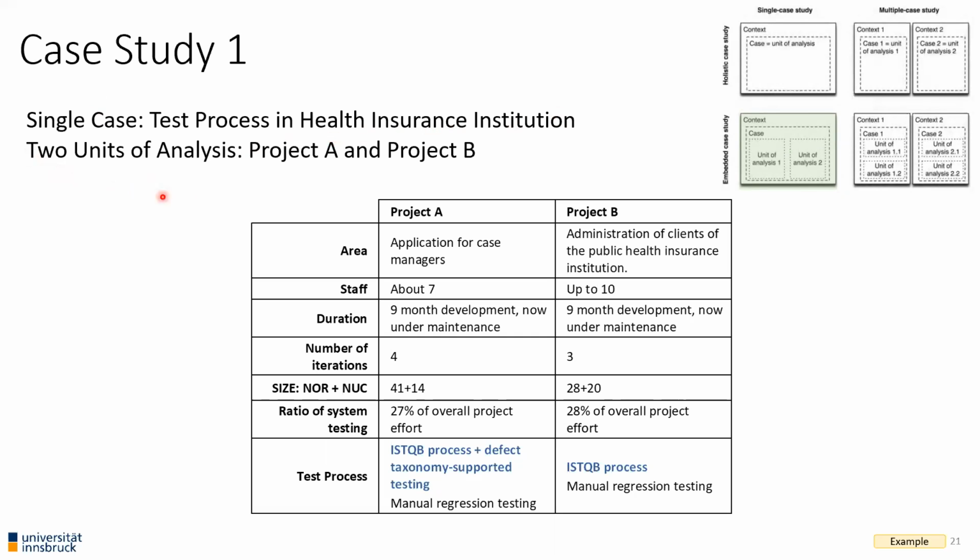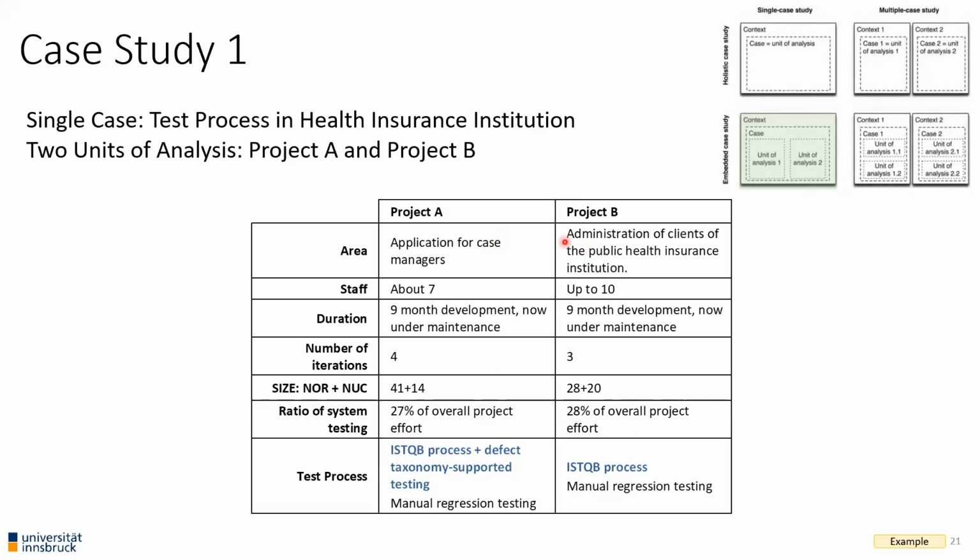We took 2 units of analysis, and these were 2 projects, 2 extensions of their software conducted in 2 different projects. The 2 projects were based on the same test process, and in one case we integrated our new defect taxonomy approach, and in the other not.